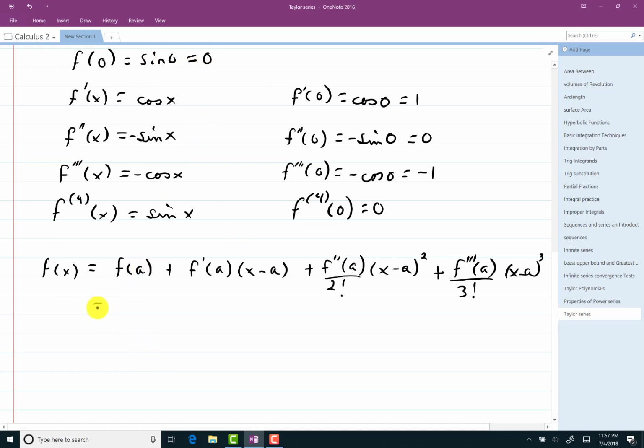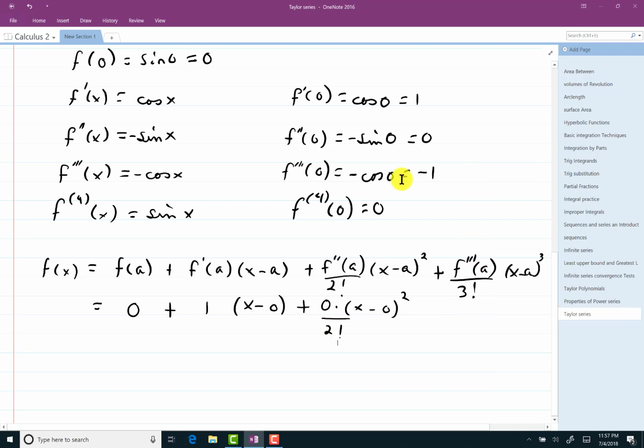So I'll have f of 0 was 0. Then I'll have plus 1 times (x minus 0). And then the second derivative at 0 was 0, so I'll put that there. Plus 0 times (x minus 0) squared plus the third derivative, that turned out to be a negative 1. Oh, don't forget this. I often seem to be doing that lately.